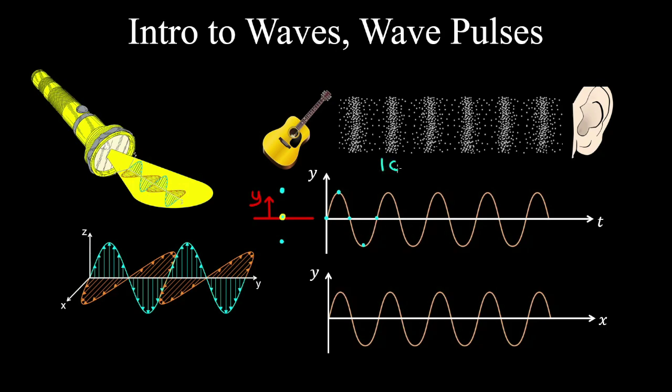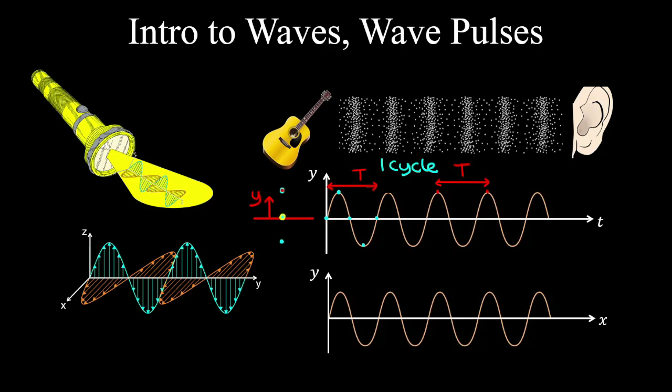So this marks one cycle. And the time it takes to complete this cycle is called the period of the oscillation. And we can take the period from peak to peak. So for example, where the particle starts from this position and ends up back at this position is the same time that it takes to complete one cycle.